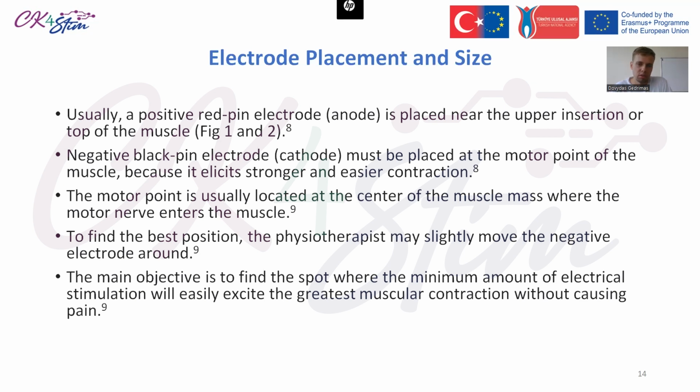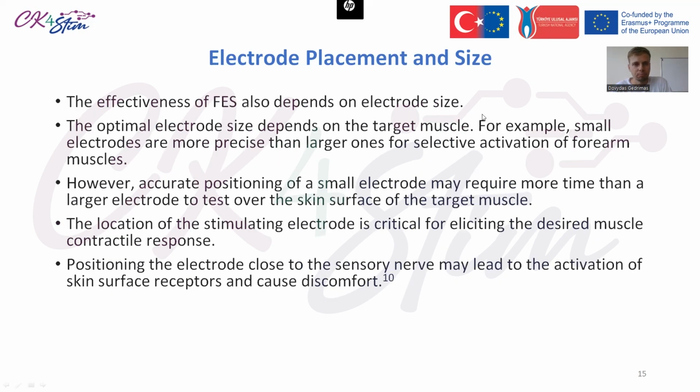To find the best position, the physiotherapist may slightly move the negative electrode around to search for the best place where the most muscle contraction is produced. The main objective is to find a spot where the minimum amount of electrical stimulation will easily excite the greatest muscular contraction without causing pain.